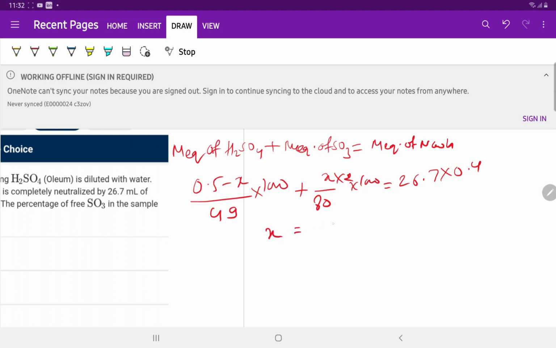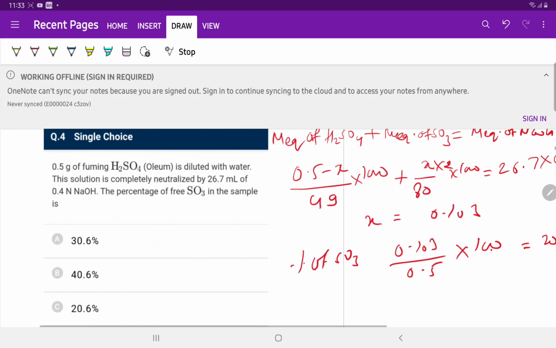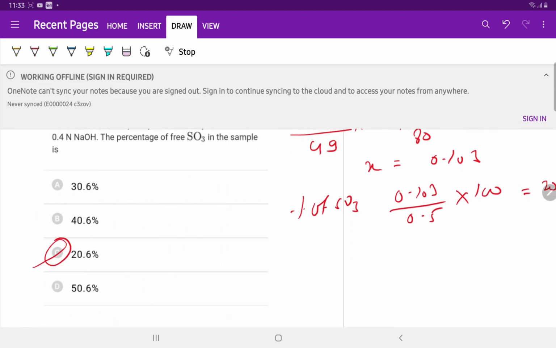Here x is equal to 0.103 on solving this expression. So the percentage of SO3 is, out of a total mixture of 0.5, 0.103 gram is SO3, multiplied by 100, which is equal to 20.6%. Option C is correct.